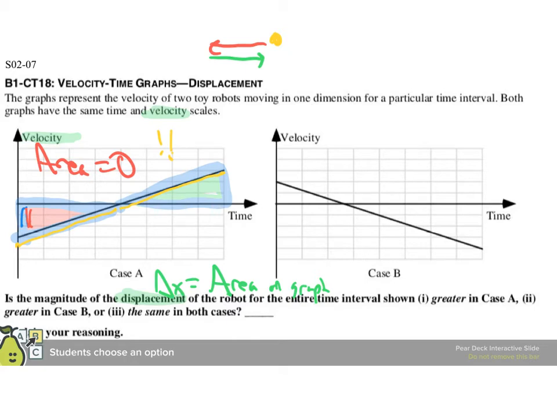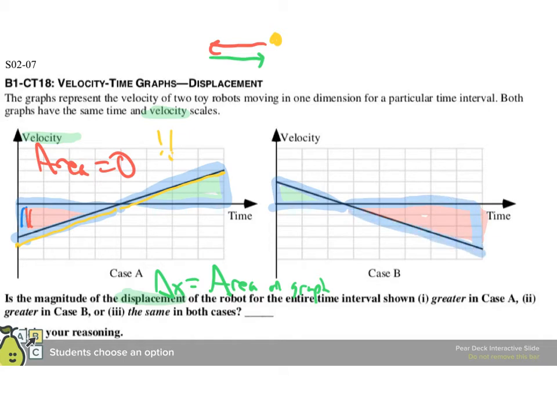For the other problem, for part B, we have that the area is going to be positive in this region, but it's going to be negative in this region. And we can see by eye, and it's certainly true, that this area is less in size than this area.